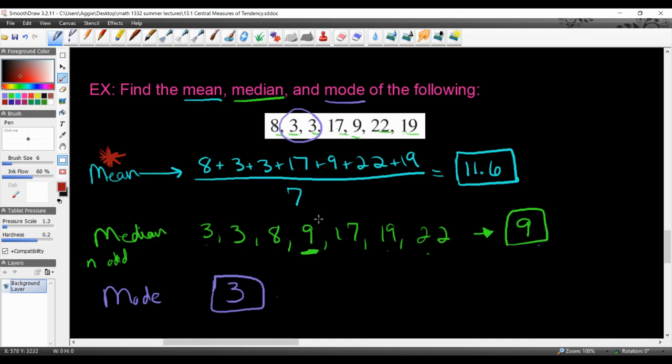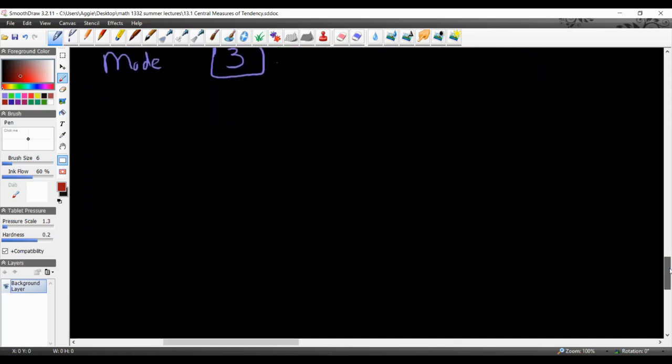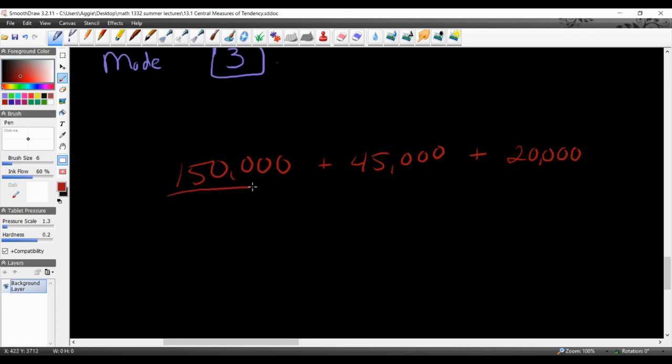Let's just try that here. So let's say 150,000 is your top, plus we'll say 45,000 is the middle, plus we'll be nice and say 20,000 is the lowest income. These are just random numbers. And we would divide this by 3.